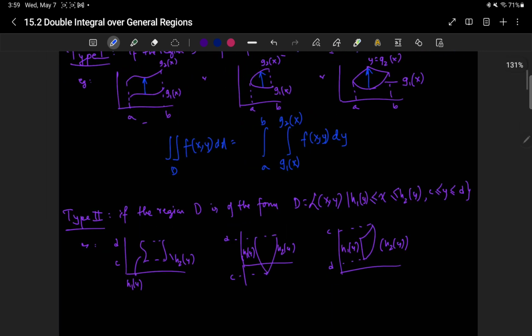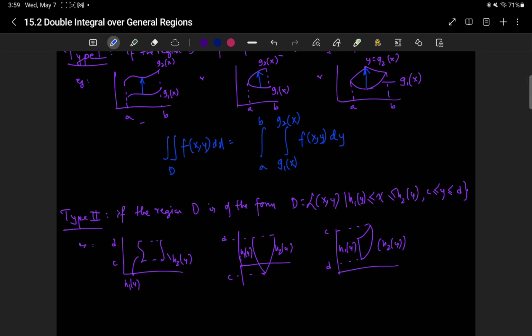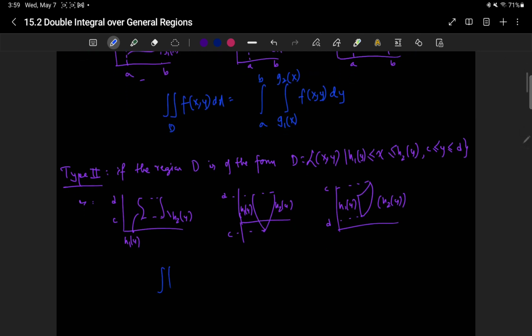As opposed to type 2, where the region is of this form, which means you're going to have to write your inverse function. So here you're going horizontally. Which means you are going to first evaluate dx, I forgot a dx here, because it goes from h1(y) to h2(y), which means that when you end the first integral, you have a bunch of y terms, and then you find the integral with respect to y, which goes from c to d.